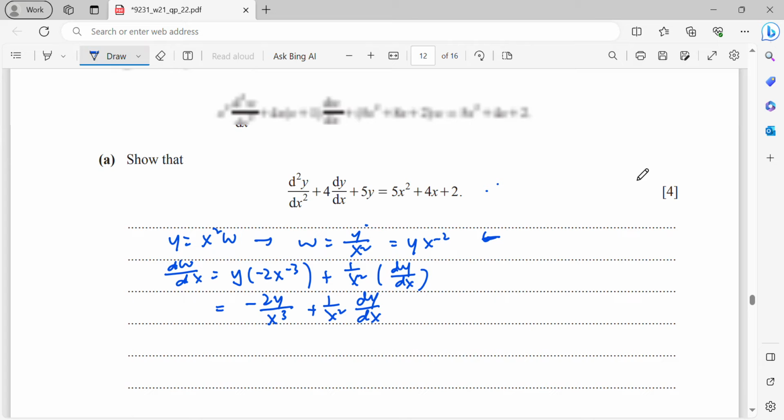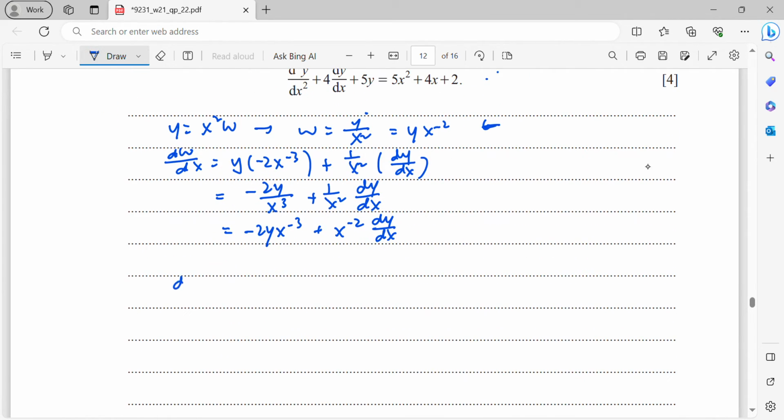Now, I have the d squared w over dx squared. So now I have to differentiate. So from here, I will get negative 2y x power negative 3, then plus x power negative 2 dy over dx. So now I will differentiate again, product rule, uv.